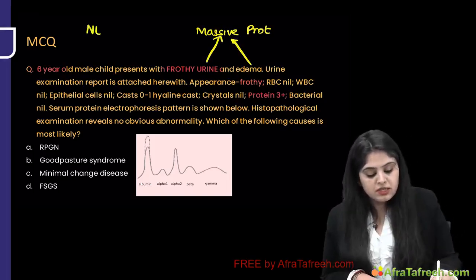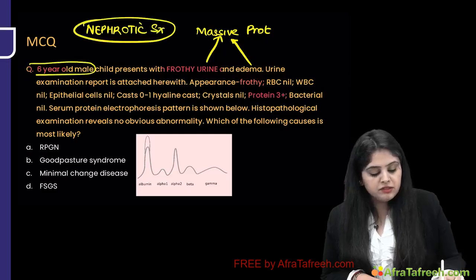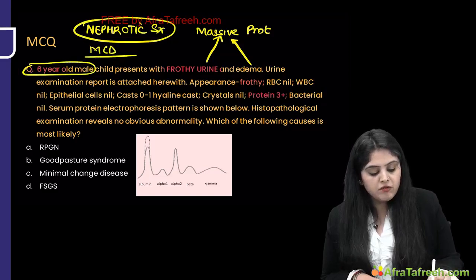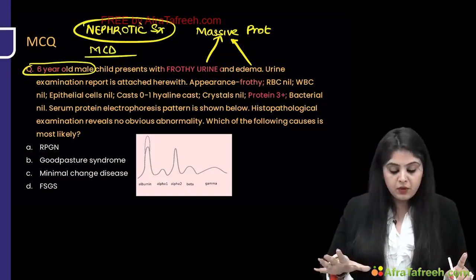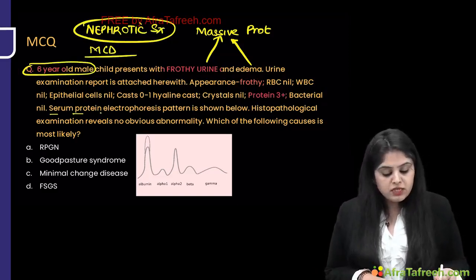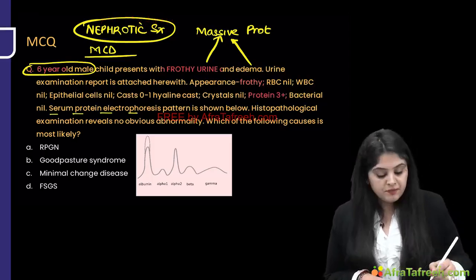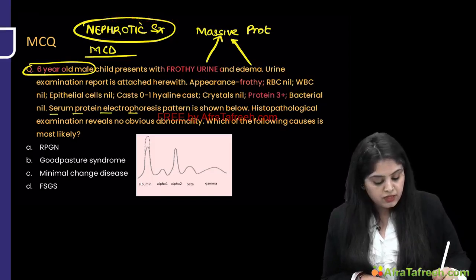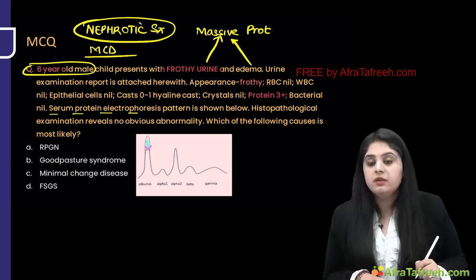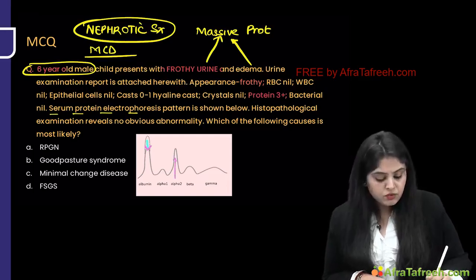So this much is certain that I'm dealing with a nephrotic syndrome. And if I think logically of a nephrotic syndrome in a 6-year-old male child, I am thinking of minimal change disease in my mind up till now. Then they do serum protein electrophoresis, SPEP. If you can see carefully, the albumin level has gone down, and the alpha 2 levels are more.